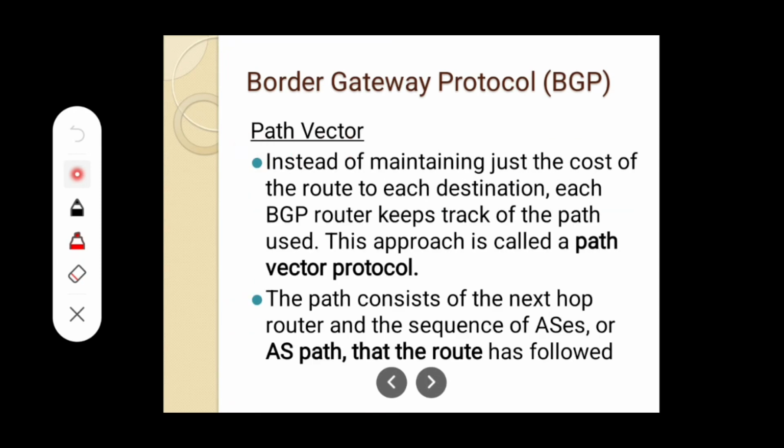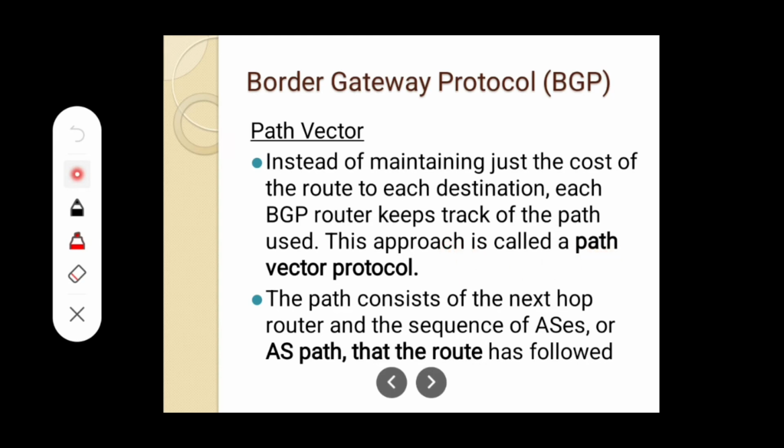Path vector. Path vector means that instead of maintaining just a cost of the route, we have already learned that between each router there will be a metric called cost, assigned by the administrator. The path vector says that in addition to that cost, we are keeping another thing along with the cost, called a path vector.